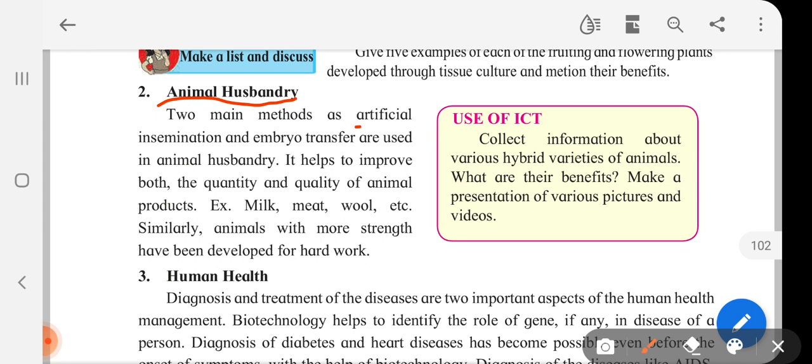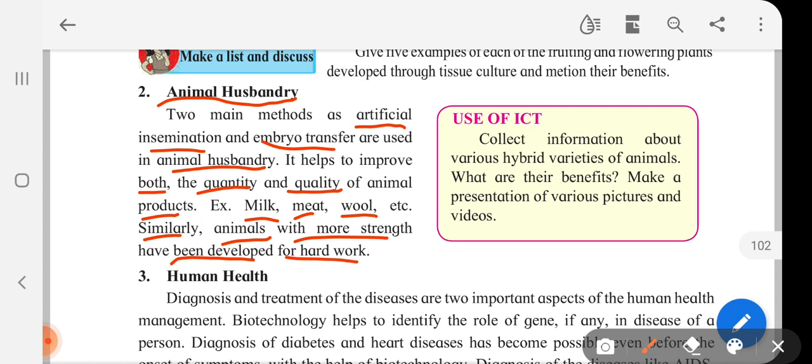Two main methods, artificial insemination and embryo transfer, are used in animal husbandry. It helps to improve both the quantity and quality of animal products, for example, milk, meat, wool, etc. Similarly, animals with more strength have been developed for hard work.